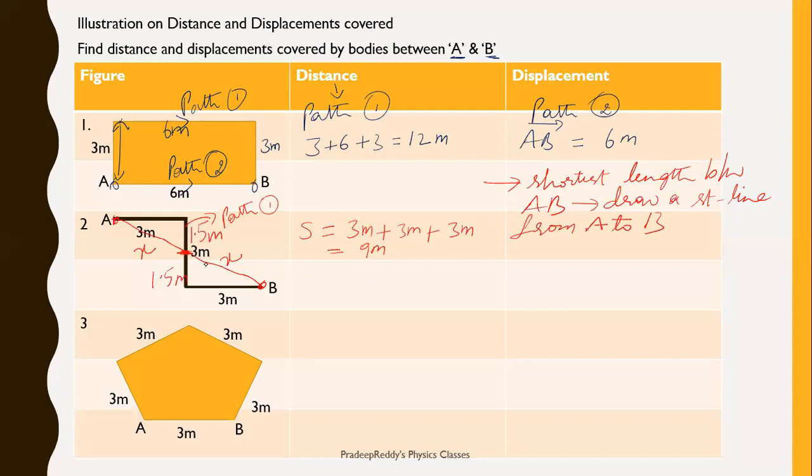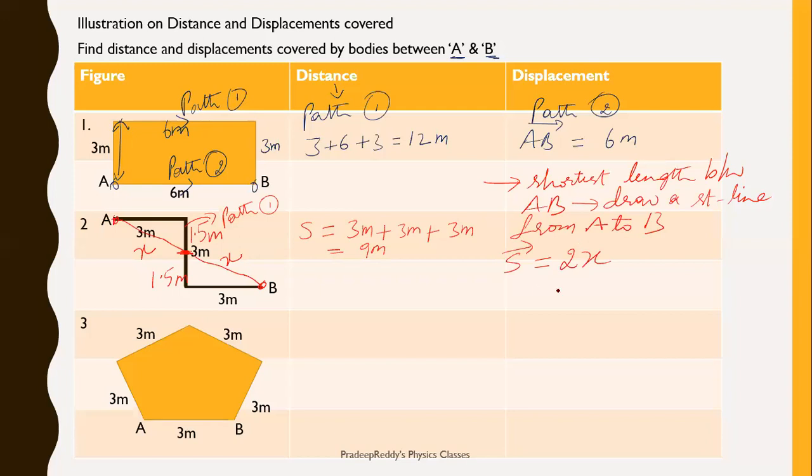Right? Total displacement you can find by finding the value of x. So total displacement will be equal to 2 times x. Now you should find out the value of x.